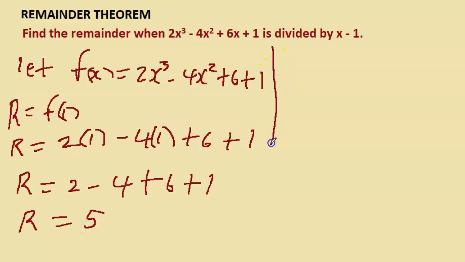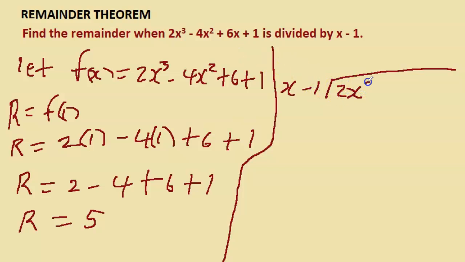Now I want to do this problem using what we call long division. So we have x minus 1, and we're dividing it into the dividend, which is 2x cubed minus 4x squared plus 6x plus 1. Good?